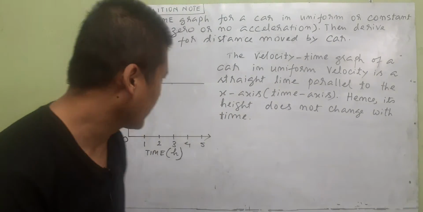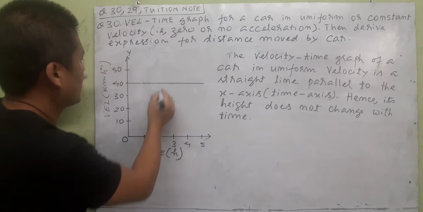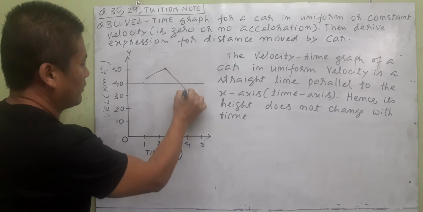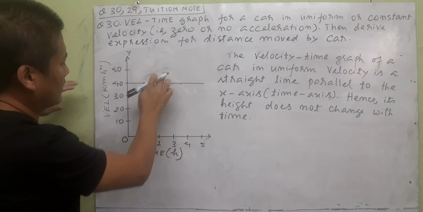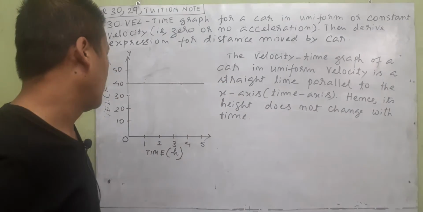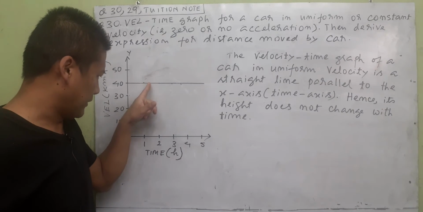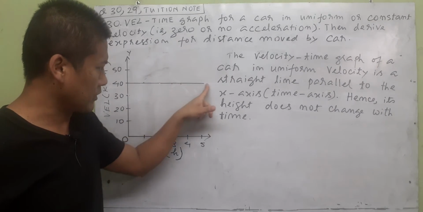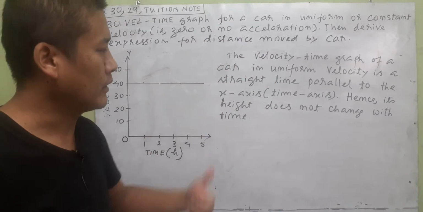So here you see it's always at 40, 40, 40. It is not going above or below 40, because it's a uniform velocity, its height does not increase or decrease with time, right? After 1 hour also at 40 km/h height, 2 hours also, 3 hours also, all throughout, since it's a straight line, it does not change height with time.